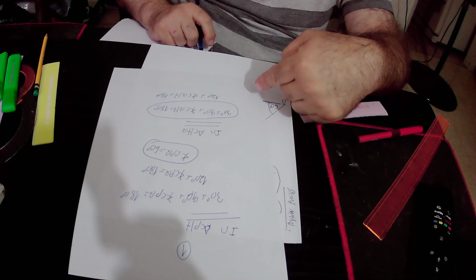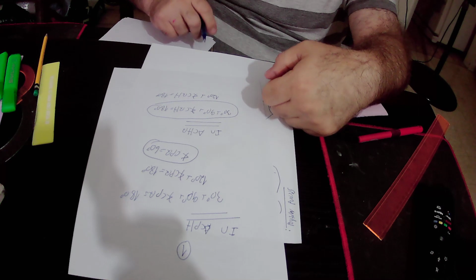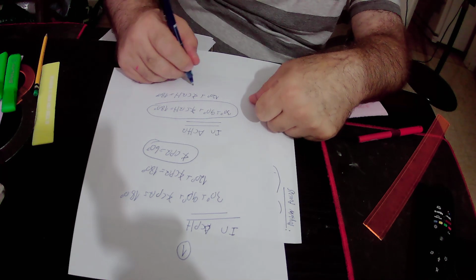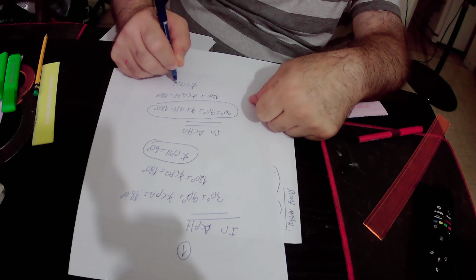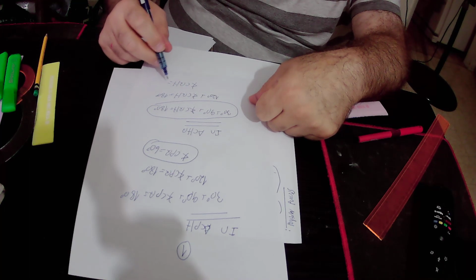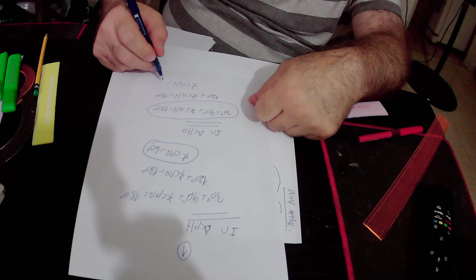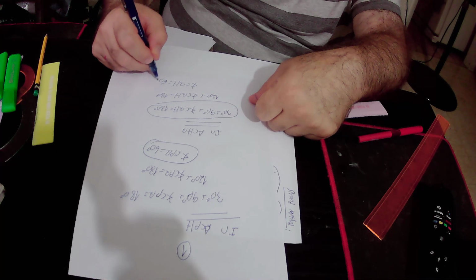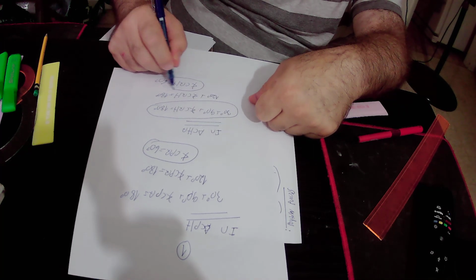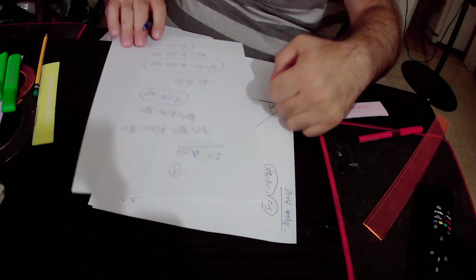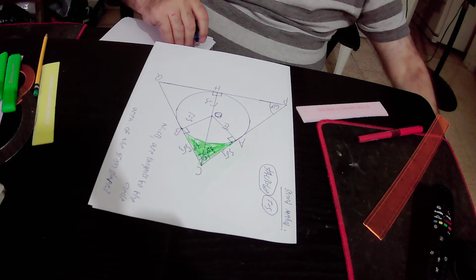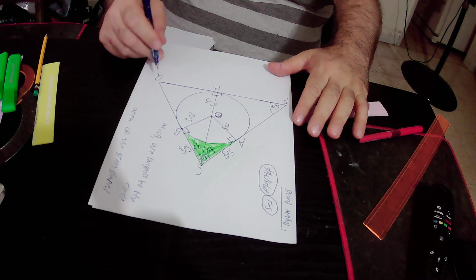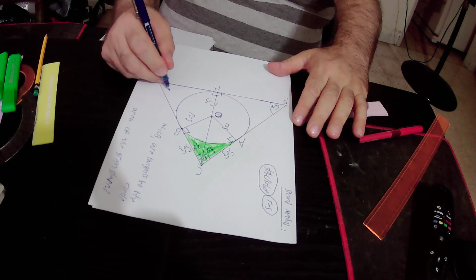Here we will subtract 120 degrees from this equality and we will get that the size of angle CQH equals 180 degrees minus 120 degrees, which equals 60 degrees. So we found out that angle CQP equals 60 degrees.